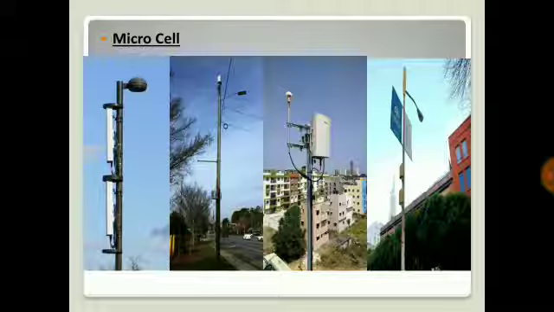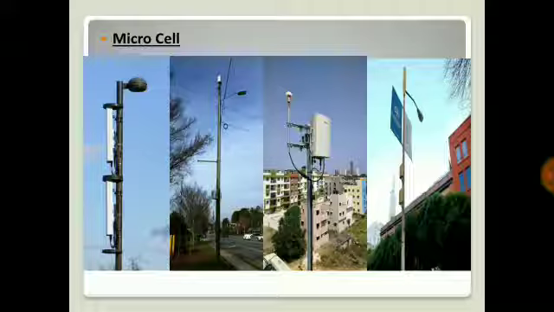Microcell. Microcells are a type of small cell which are low powered radio access nodes. Actually, they get their name from the fact that they are small compared to macro cells, with a range of 10 meters to 2 kilometers. Microcells are for capacity, whereas macro cells are for coverage.